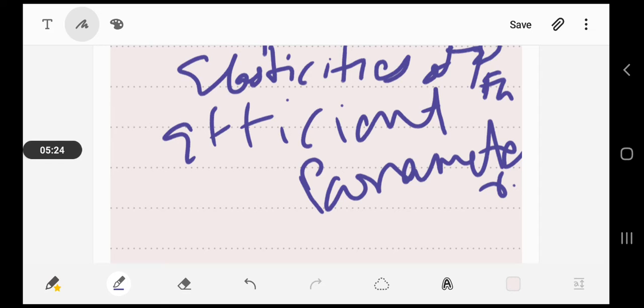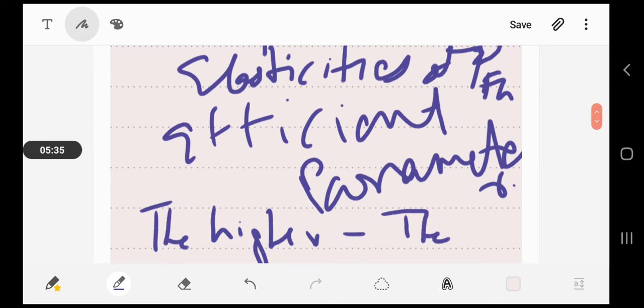The higher the value of A, the higher would be the level of output.